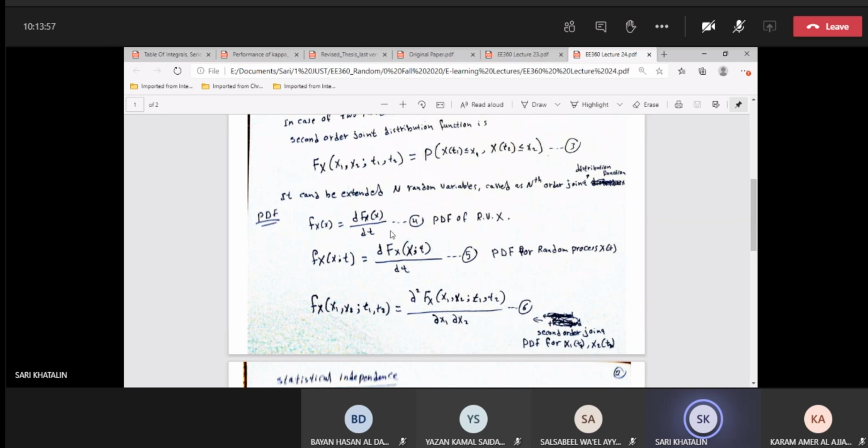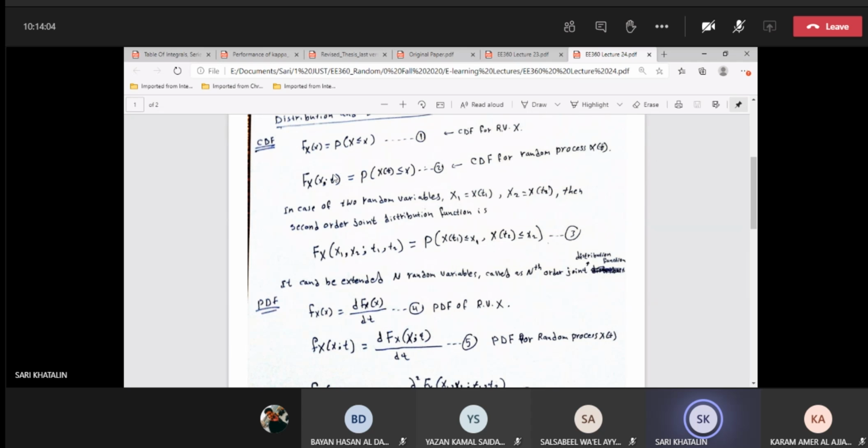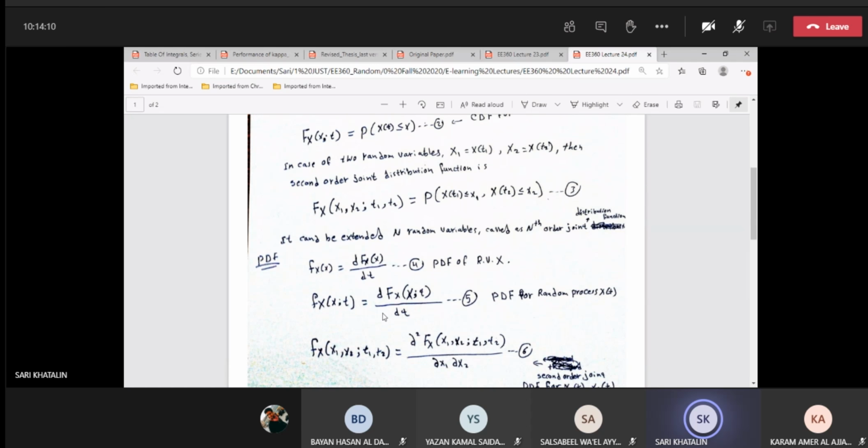Now, as far as the PDF, how are we going to get the PDF? Very similar to the way we found the PDF from the CDF for a random variable. We just take the first derivative of the CDF. So the same thing here, as shown in equation 5, we take the first derivative of the CDF for the random process, and that will give us the PDF for that particular random process.